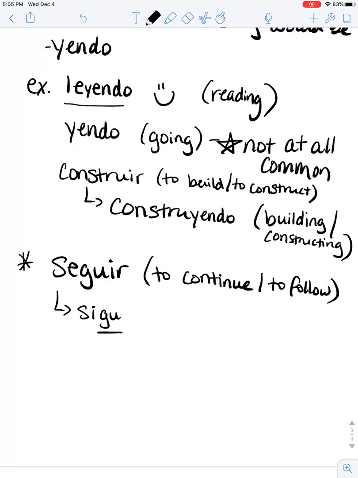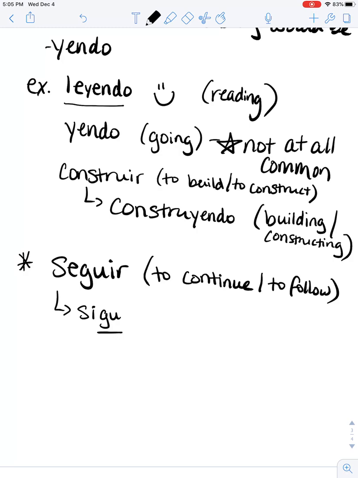We never see them apart and it makes one sound. The same thing applies to the GU in Spanish, to keep a G sound. So it's almost like that U is not even there, even though it is.